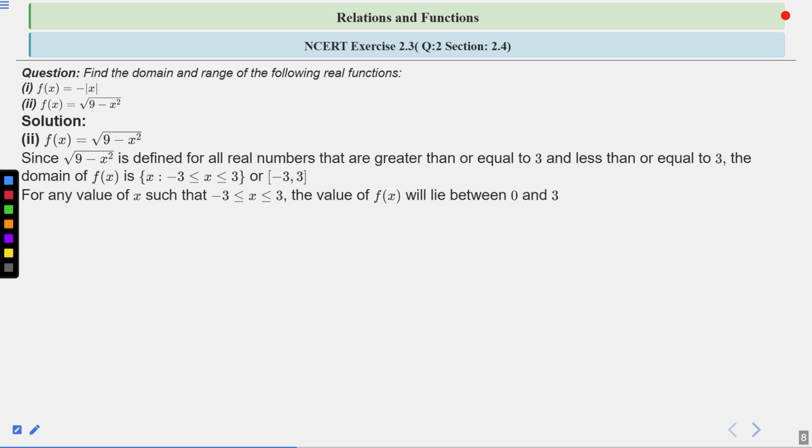Now, if you put any real number belonging to this closed interval minus 3 to 3, the output will always lie between 0 and 3, including 0 and 3. So the range set is simply the collection of all real numbers x such that x is greater than or equal to 0 and less than or equal to 3. Or in interval terms, the closed interval 0 to 3 will be my range set.